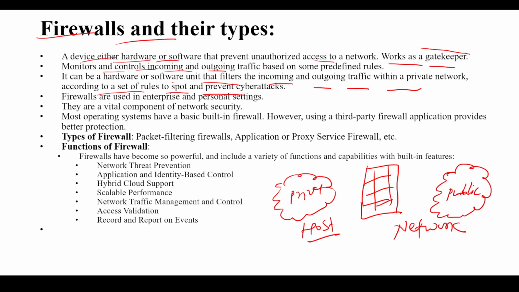As mentioned, it controls the public and private network. Whatever packets are coming from the public network to the private, and the private network to the public network, in both cases the packets, or the data, can be handled, monitored, and checked by the firewall.